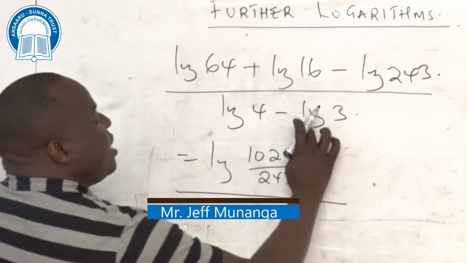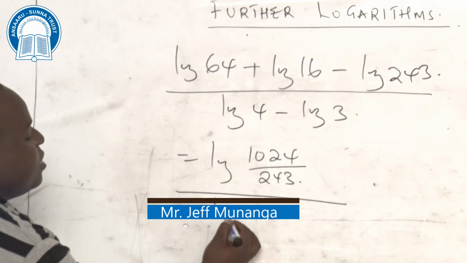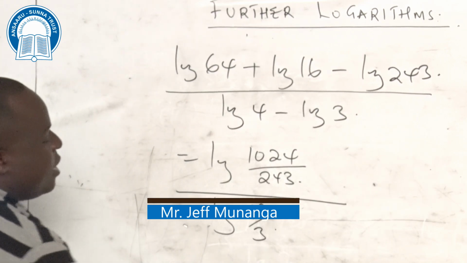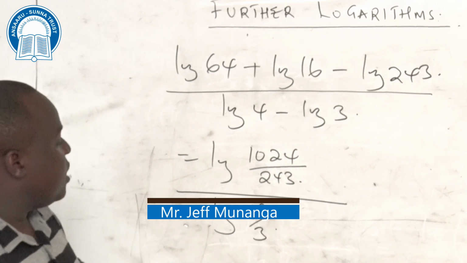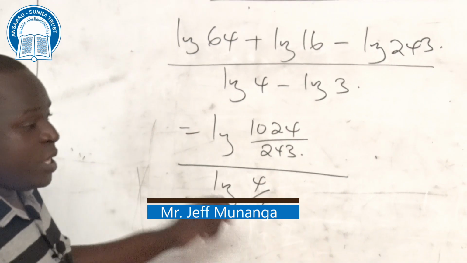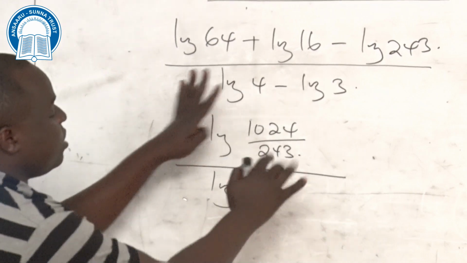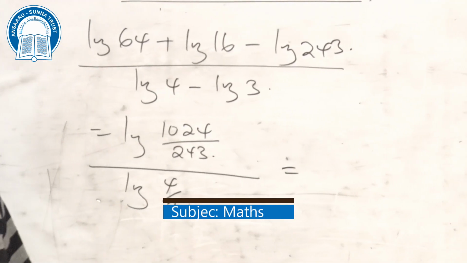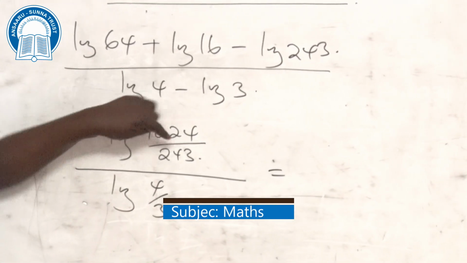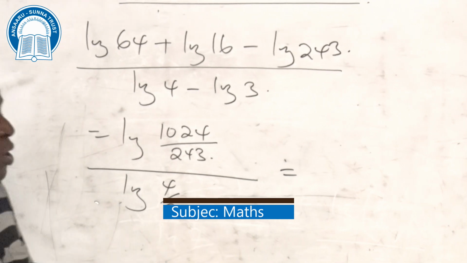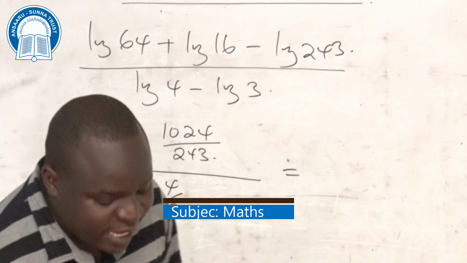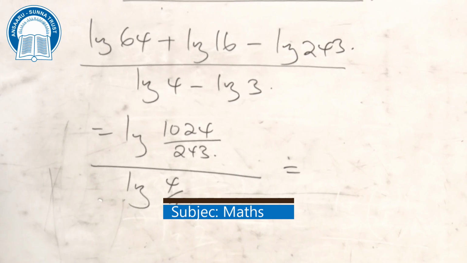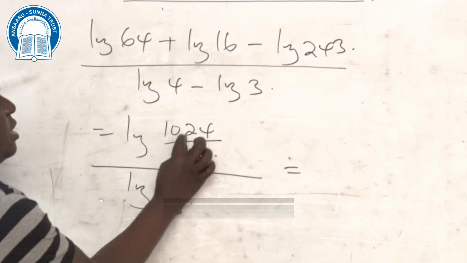Over log 4 minus log 3, which is the same as log 4 over 3. Just from this statement, I have a number over. And according to how the questions are set and how I explain, there should be a way in which this number can be written in terms of 4 over 3. So that numerator here, if I say 4 raised to 5, I'll get 1024.